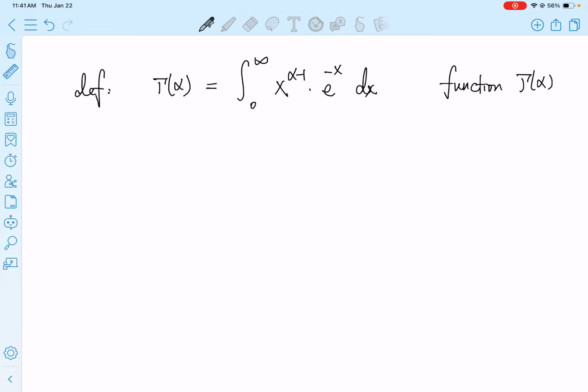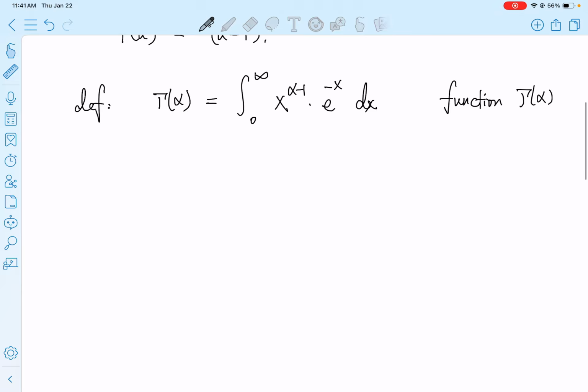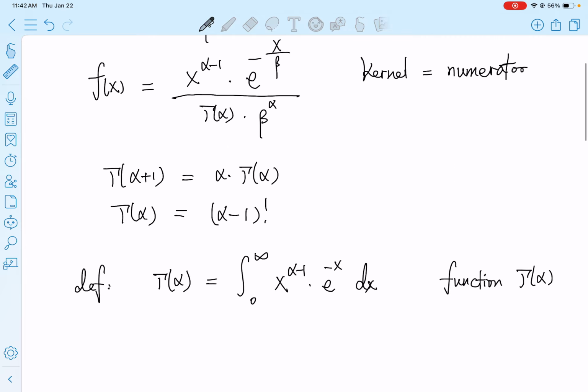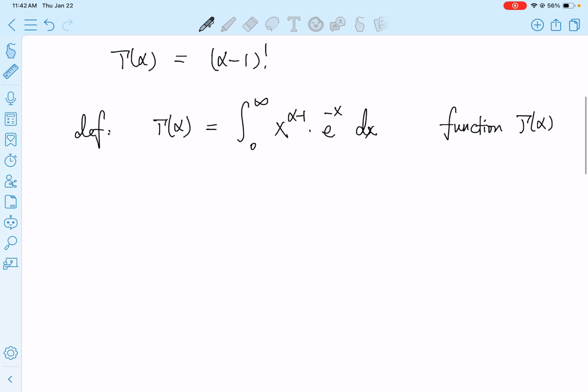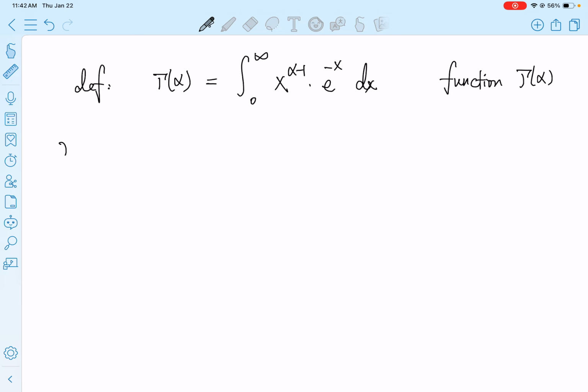And now let's provide some more comments regarding this gamma distribution. First of all, let's take a look at the numerator here, which involves x. Let's look at evaluating the integral from x equal to 0 to x equal to infinity of the numerator of the gamma density.